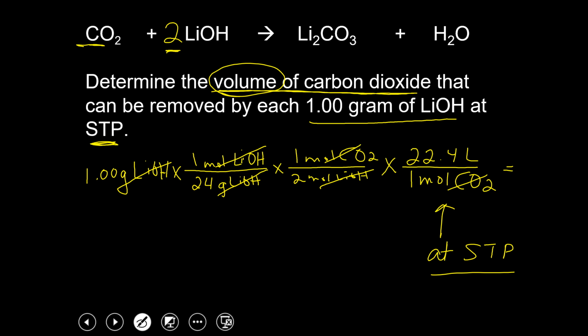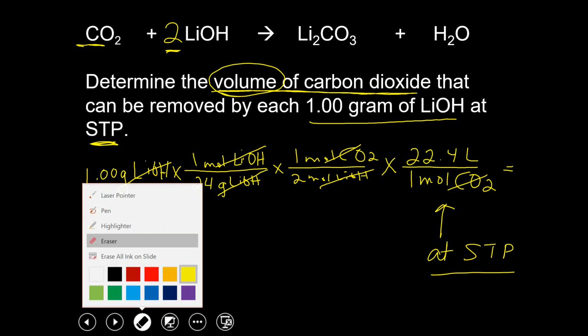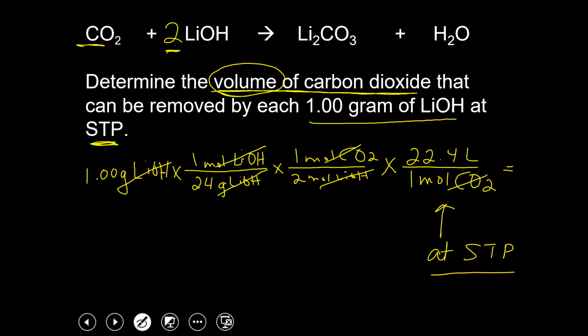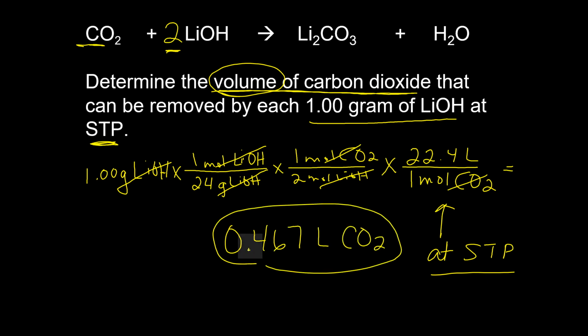Moles of CO2 divide out. You plug it in your calculator, and I just have to erase the whole thing. And you are going to get 0.467 liters of CO2. If you had to convert that to milliliters, that would be 467 milliliters.